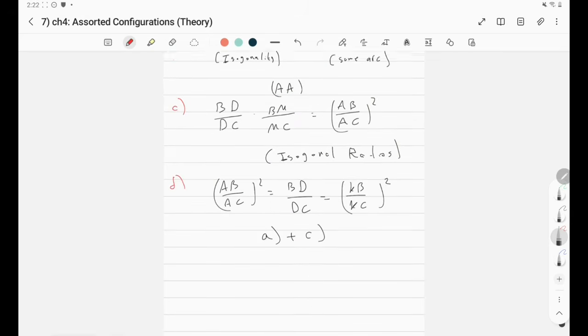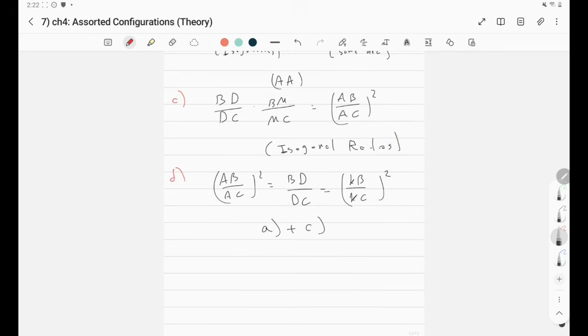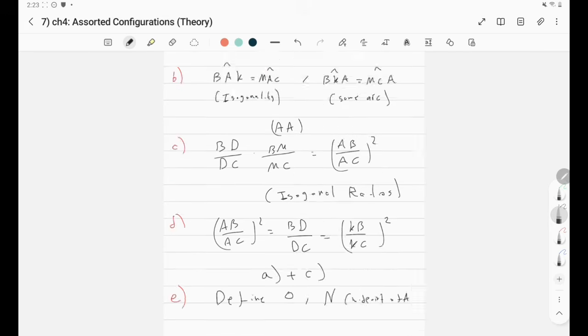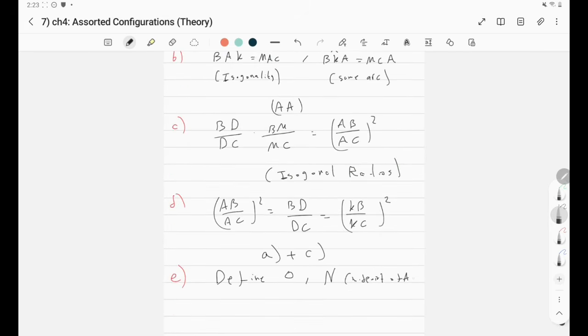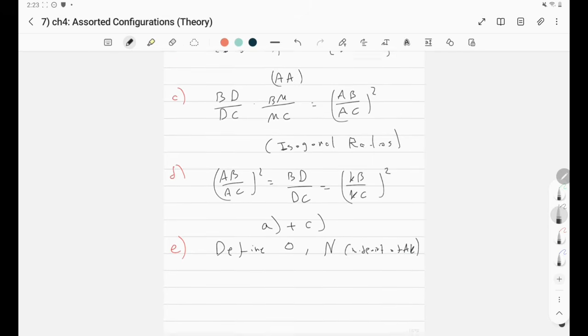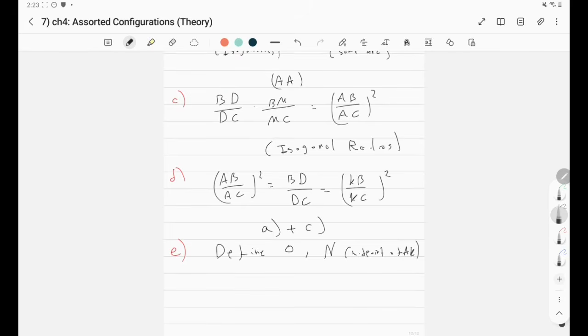So literally, to prove this one, you just need to notice that you have a midpoint of a chord, so just define O, and of course define N, as we said, the midpoint of, what was it, AD I think, no, AK. And now you'll basically be done.